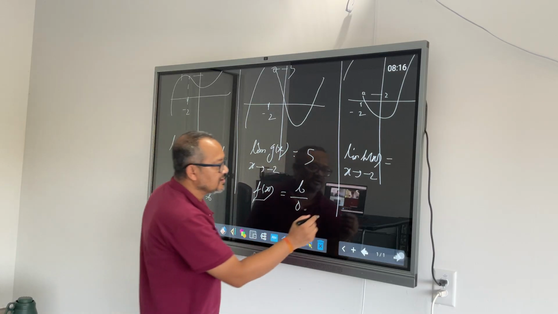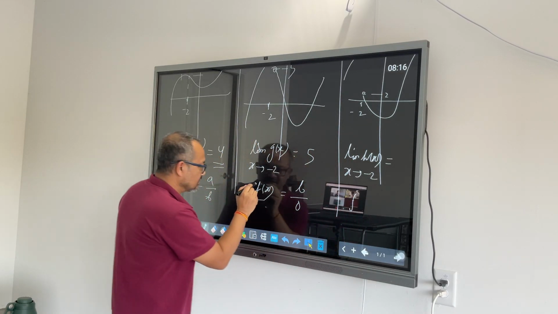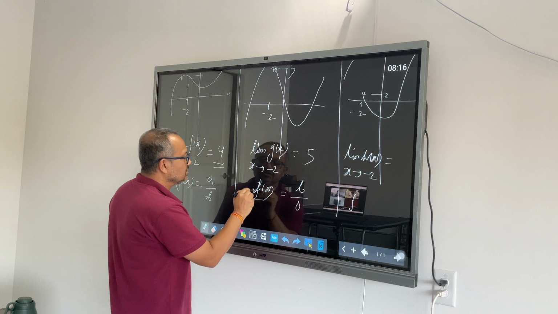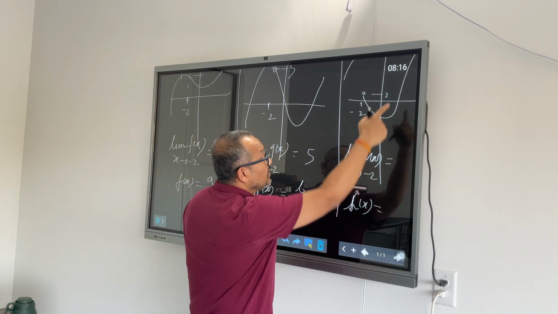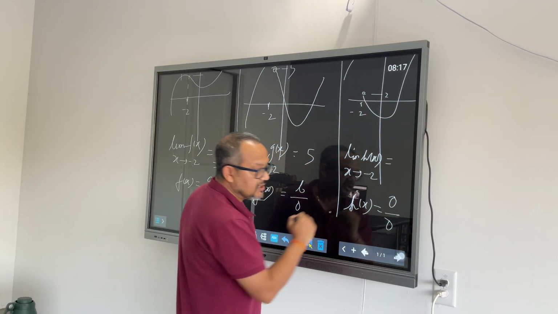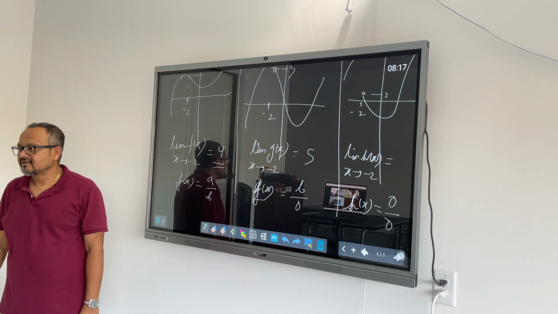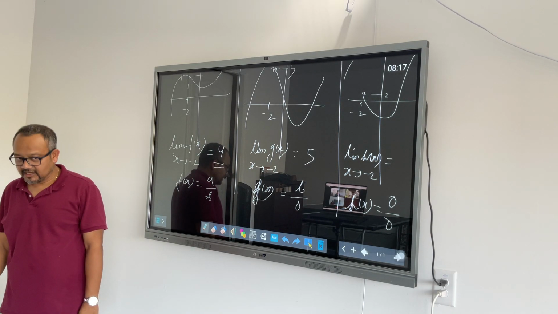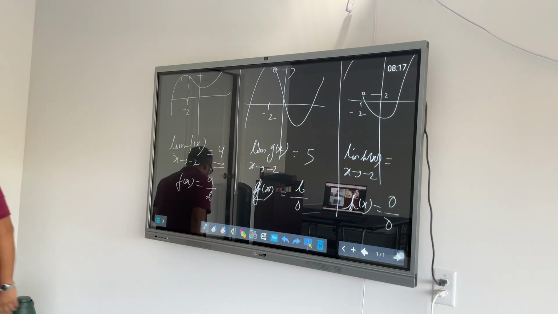And here we are talking about g of x and h of x, where from both sides you are not approaching the same limit, so you are essentially talking about this kind of scenario. I will let you guys process this first.